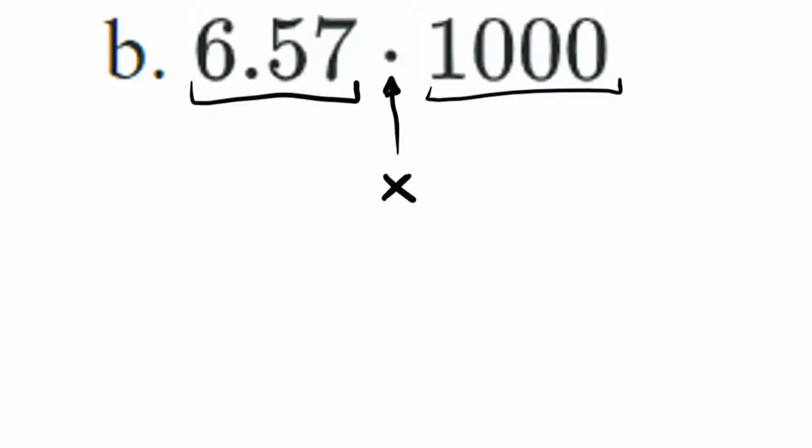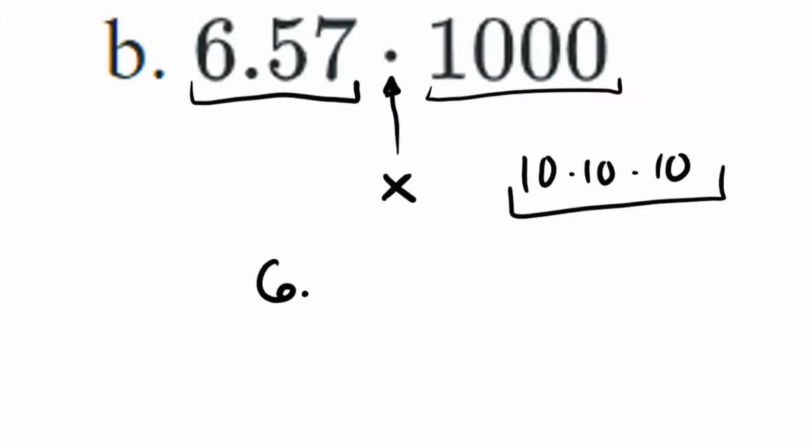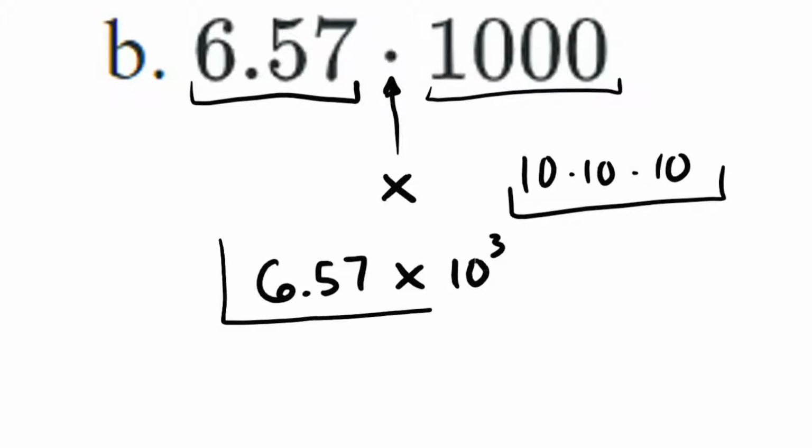So if I have 10 times another 10, that's 100, times another 10, that's 1,000, right? 10 times 10 is 100, times 10 is 1,000. So what we're looking at here is that this number is 10 to the 3rd power. So in scientific notation, I would write this number as 6.57 times 10 raised to the 3rd power. So this number is in scientific notation.